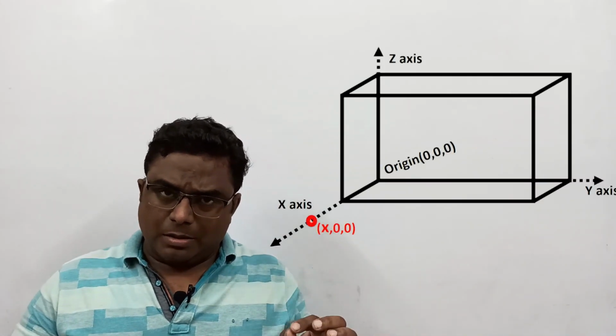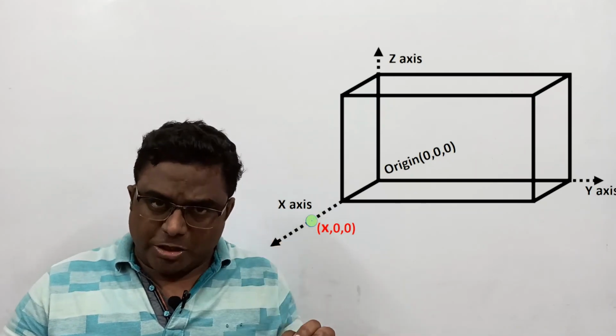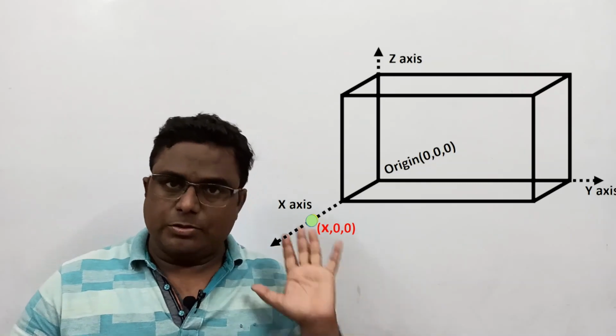Now students, we will discuss some facts about three-dimensional geometry one by one. Point number 1. If you take the x-axis of three-dimensional space, then for every point of x-axis, y value and z value are always 0.